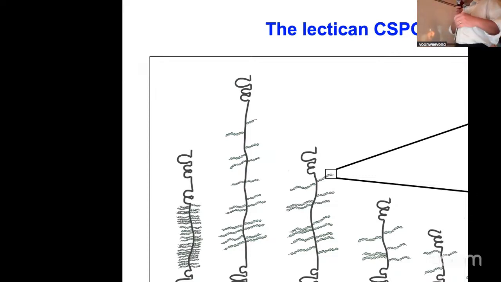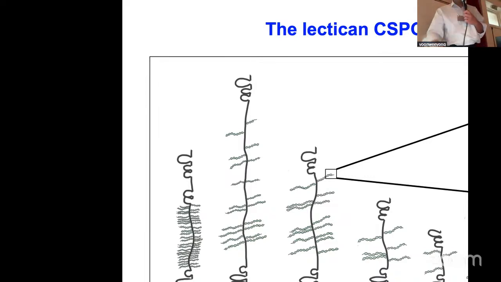You have aggrecan, versicans, of which there are 4 different isoforms in the central nervous system, and then you have neurocan and brevican. So members are defined by this protein core, of which are these repeating disaccharides of glucuronic acid and N-acetyl glucosamine. The repeating disaccharides is also known as glycosaminoglycans.